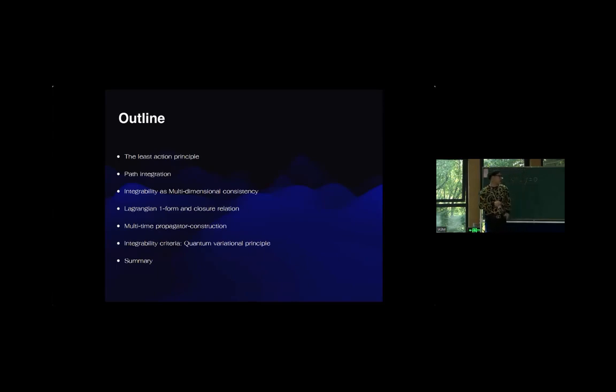And I'm going to talk about the Lagrangian one-form and its closure relation, and then the main topic: I'm going to give you a multi-term propagator for the continuous case. And from that new object, we're going to give you a criterion for integrability, and then I give you a summary.